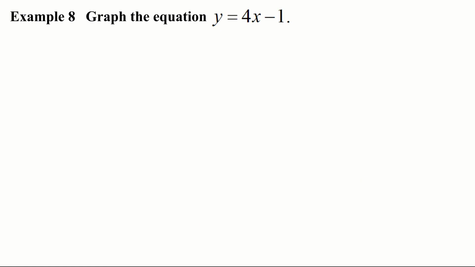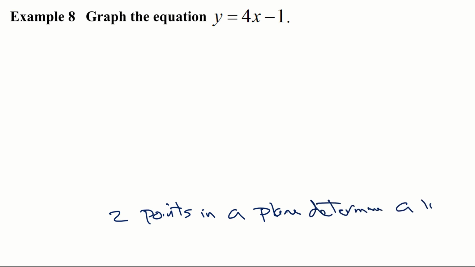Okay, so here we're going to take it one more step and actually graph it. Now, this is a linear equation, and we know there's an important property that helps us graph linear equations, and the fact is that 2 points in a plane determine a line.